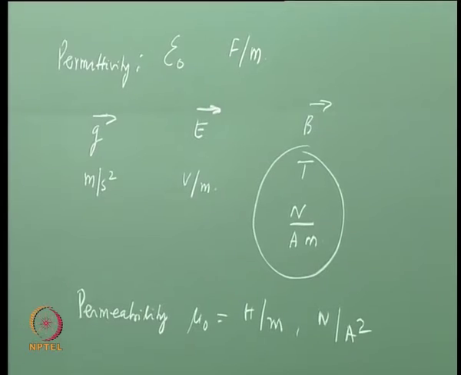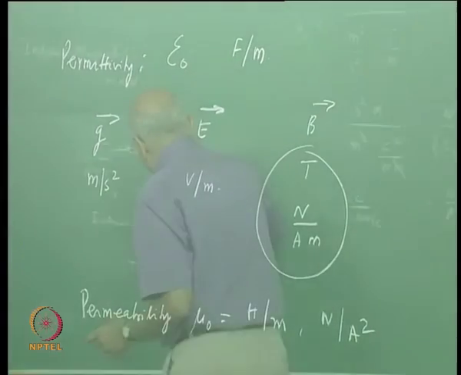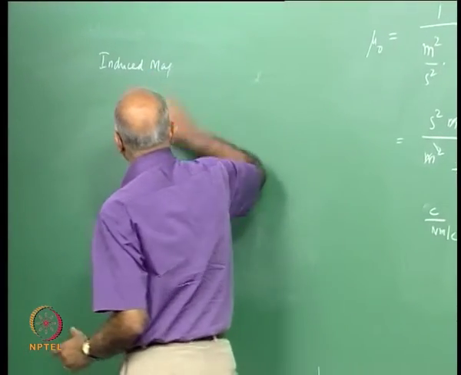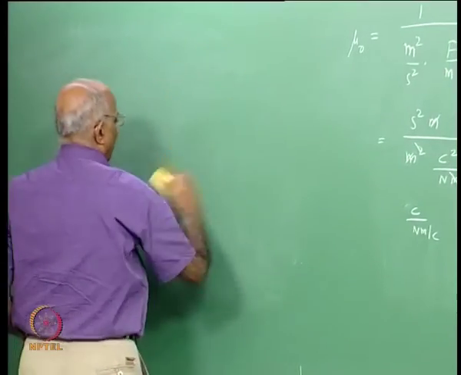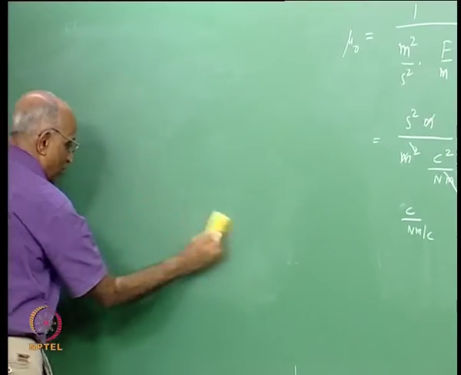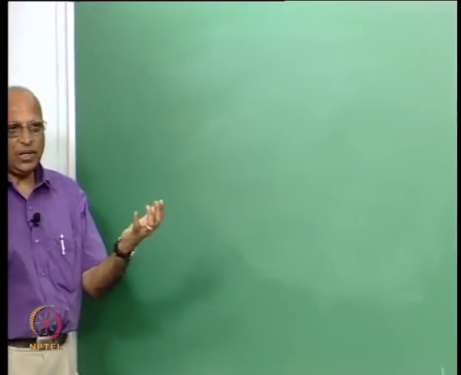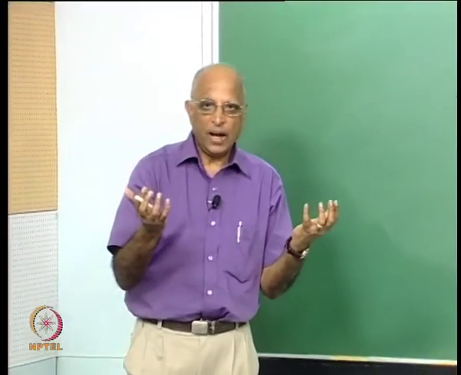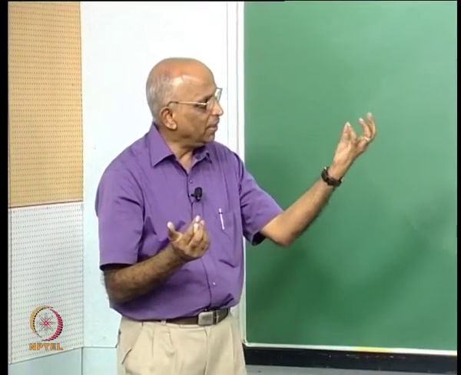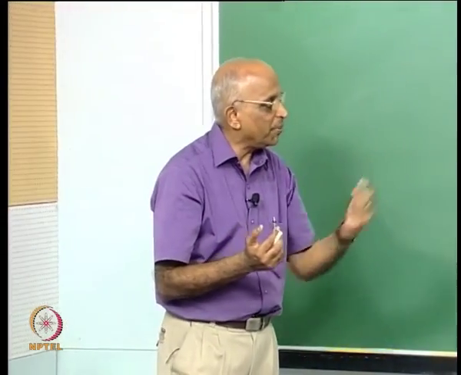Let us take a quick review of what we have done, so that we can now go to the problem of how to use these forces. We just say, analogous to the gravitational field G, I can also have electrical field E whose unit is voltage per meter.